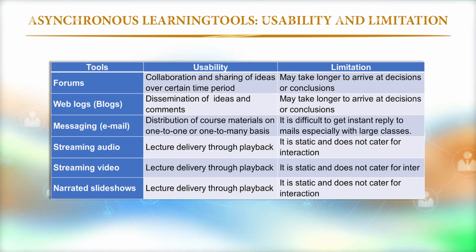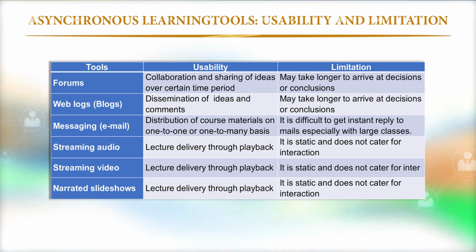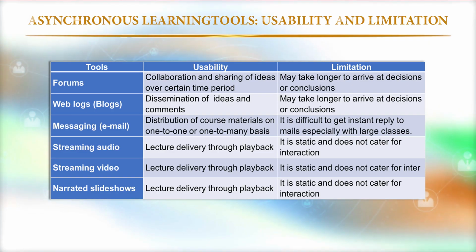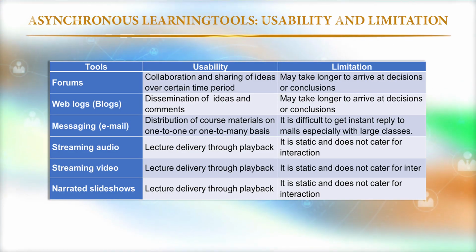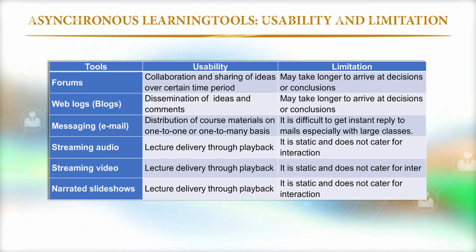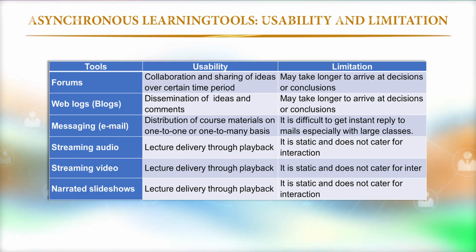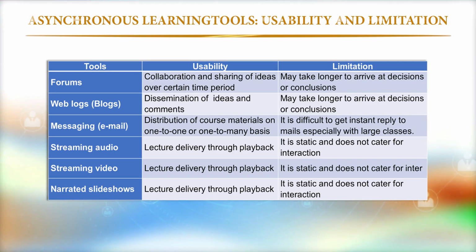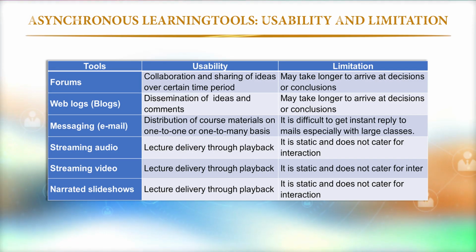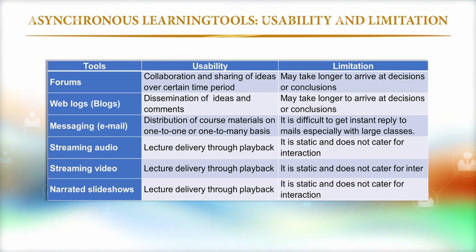Because each participant will reflect on their own time, to conclude the topic it will take time. Weblogs or blogs are for dissemination of ideas and comments. Using a blog we can disseminate the ideas and comments, but the limitation for blogs is that it may take longer to arrive at the conclusion.